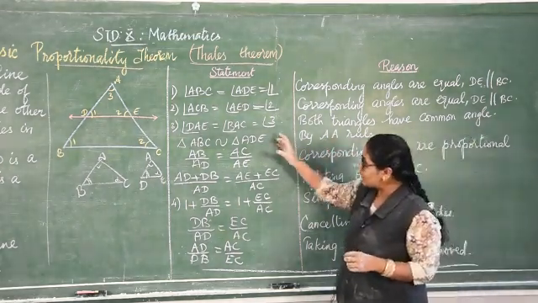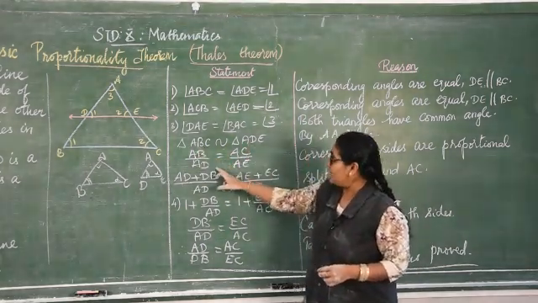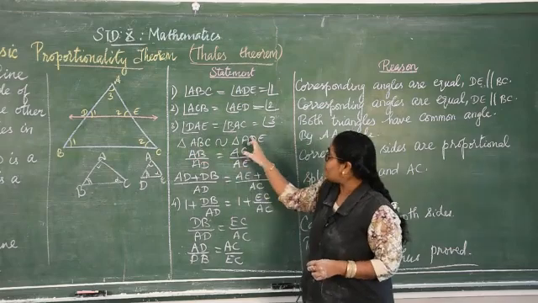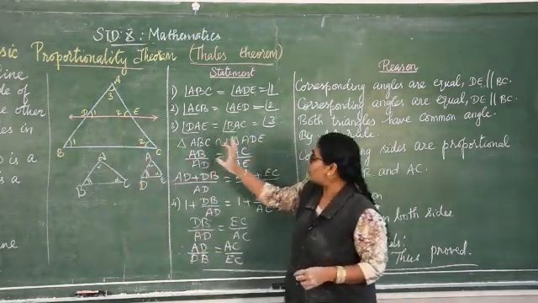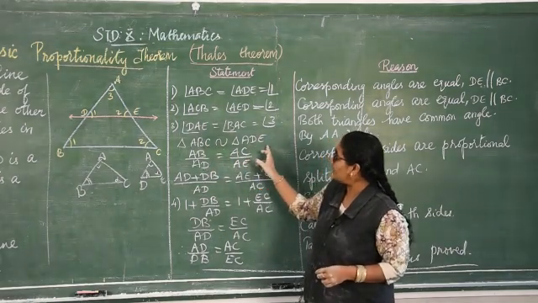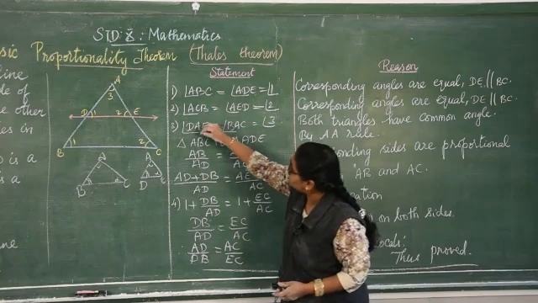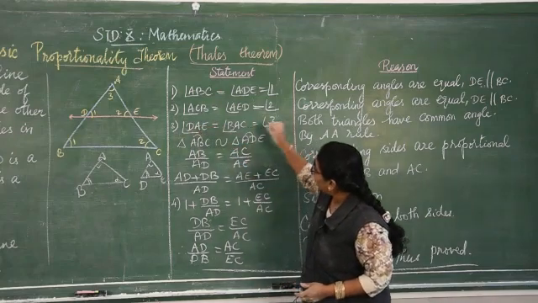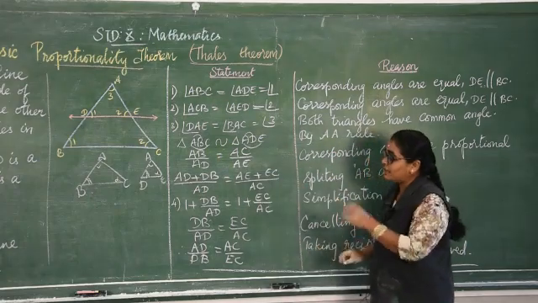So after writing this angle criteria, what else we can write? AB by AD, BC by DE, that one we don't want because we don't want the side. So I have not written BC by DE, but we can write AC by AE. So AB by AD and AC by AE, this alone we have written.